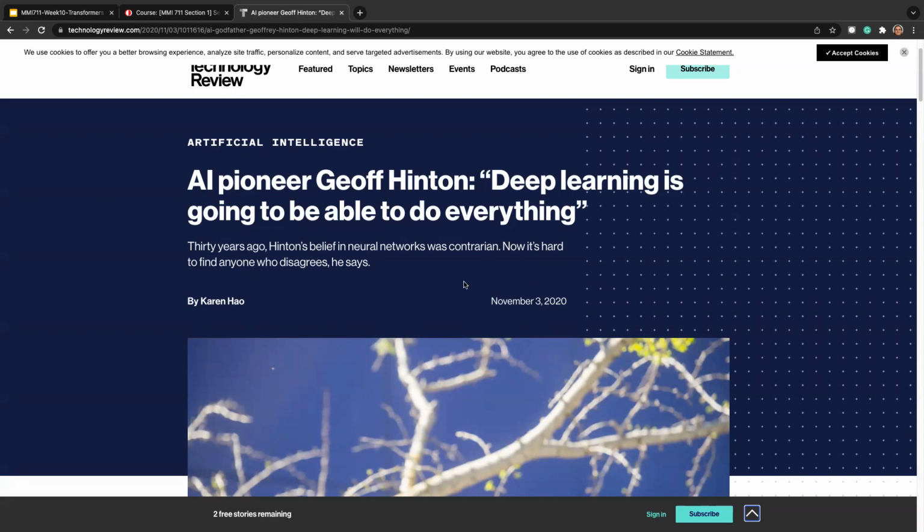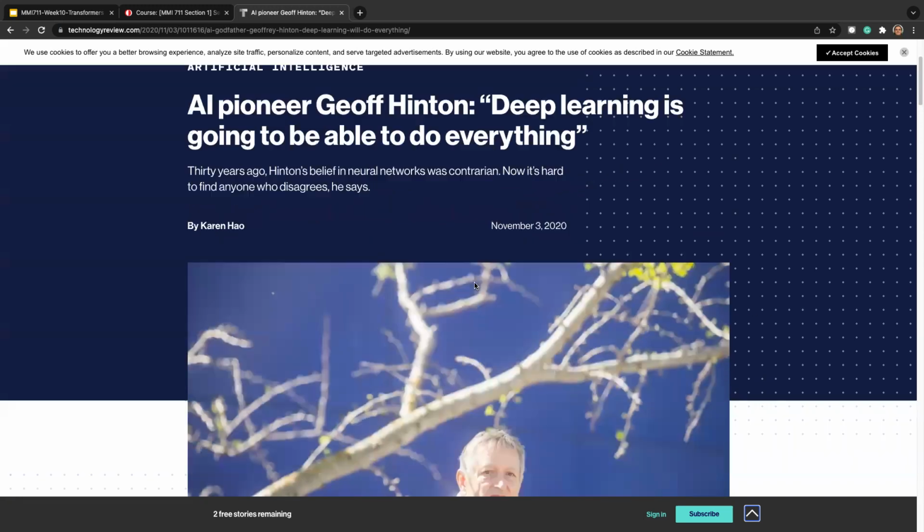They ask the godfather of deep learning, what do you think deep learning will be able to do in the future? And he says deep learning will be able to do almost everything. What he says is almost everything humans can do, because I don't know what is beyond what humans can do. It kind of sounds like science fiction.